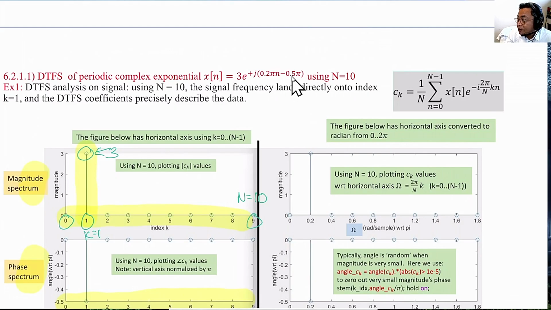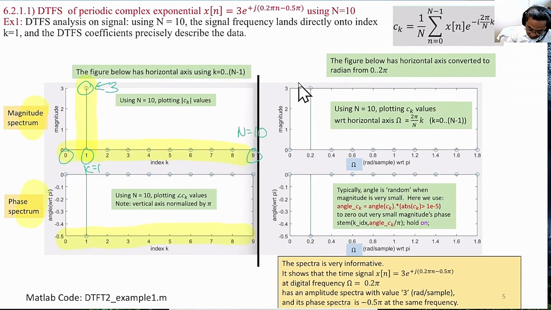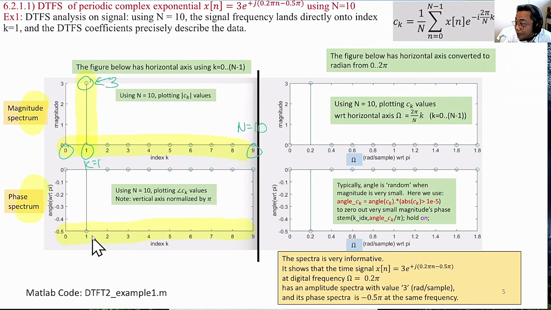Then there's a phase shift of minus 0.5 pi, so at k equals 1, there is a phase shift of minus 0.5, with respect to pi. Everything else is 0. So in fact, this plot shows you exactly this equation. So what do you think k equals 1 is telling you? k equals 1 is telling you the frequency omega equals 2 pi over N times k. And what is N? It is 2 pi over 10 times k, with k equals 1.